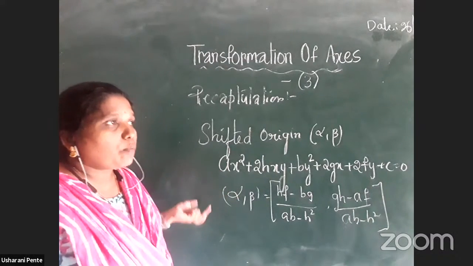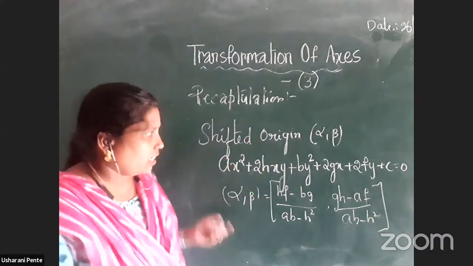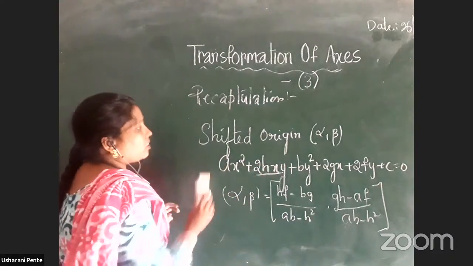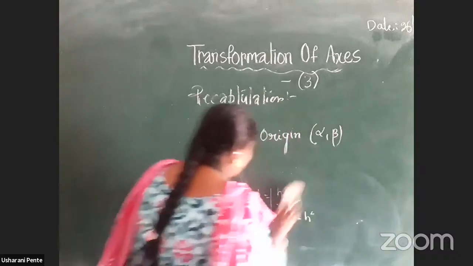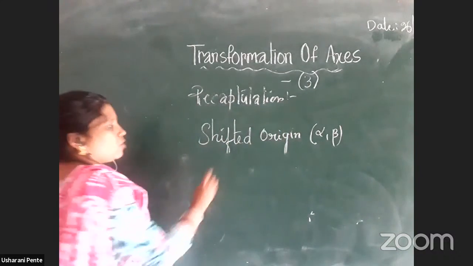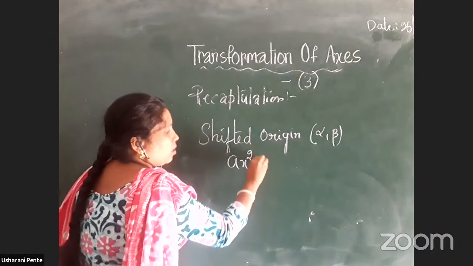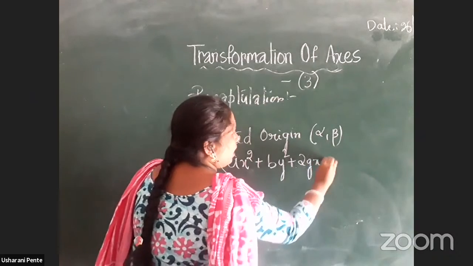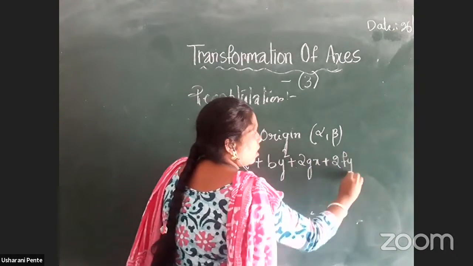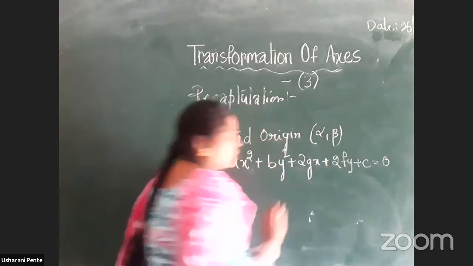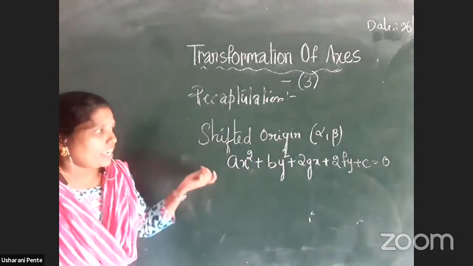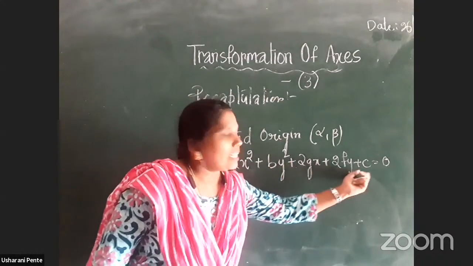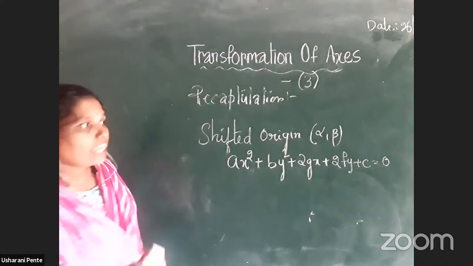Next, how to find the shifted origin when they do not give any xy term. Then the equation will be of the form ax square plus by square plus 2gx plus 2fy plus c is equal to 0. Then how to find it?